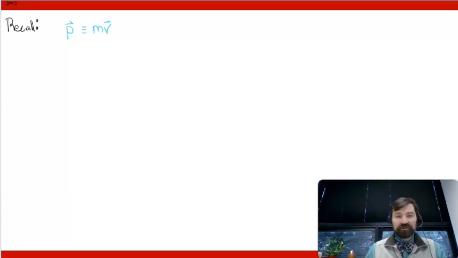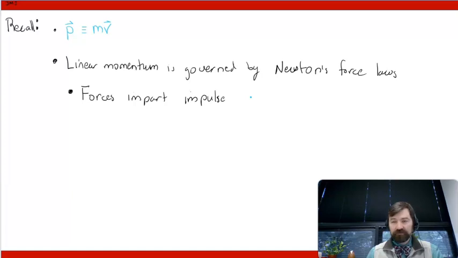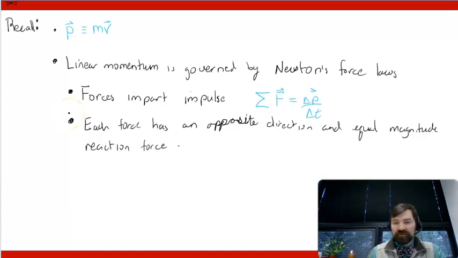And Newton's force laws govern linear momentum, namely that force imparts impulse, so if you have a net force acting on an object, that will be essentially the rate of impulse, so that would be delta p over delta t. And for each force there is a reaction force, that's Newton's third law, which ultimately means that you end up with conservation of linear momentum.